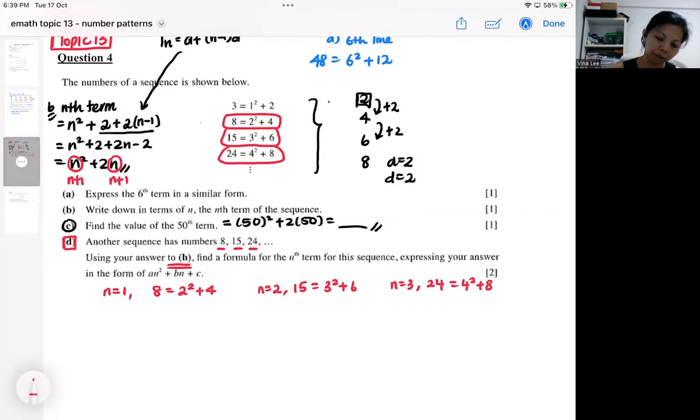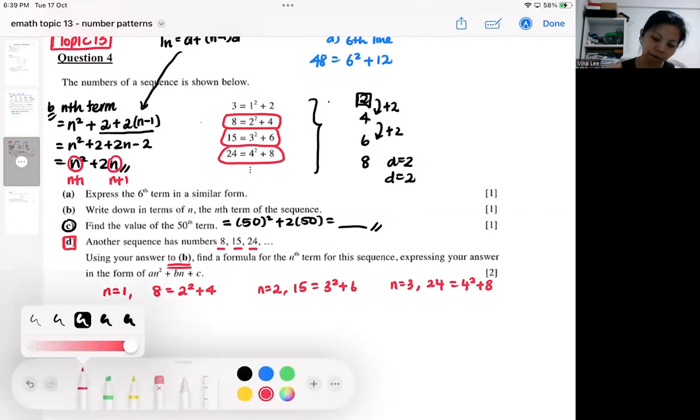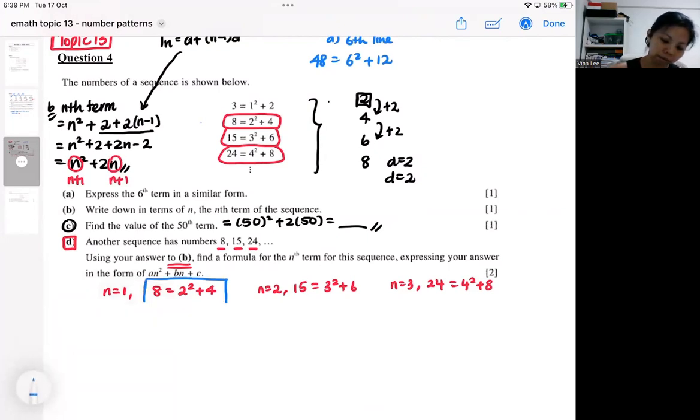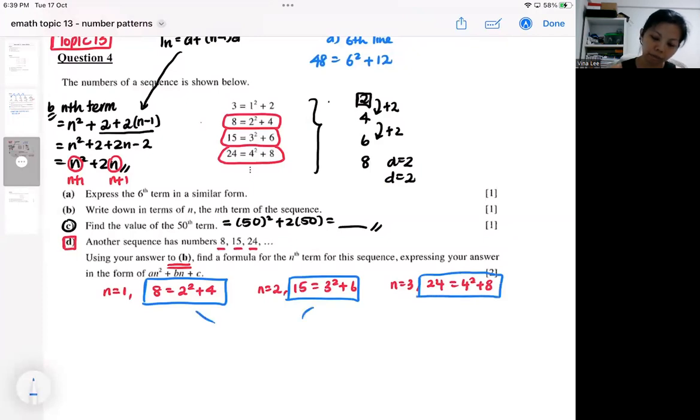That means from part B, if I want to get the n term for this, I just change the previous one with an n plus 1, then you can just expand it out.